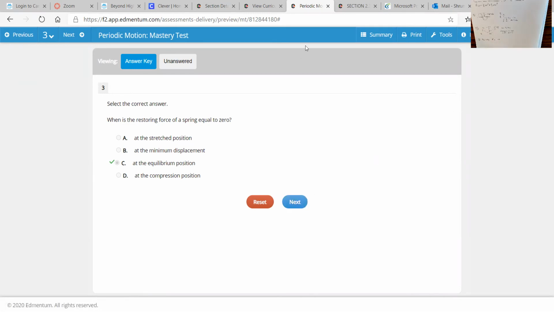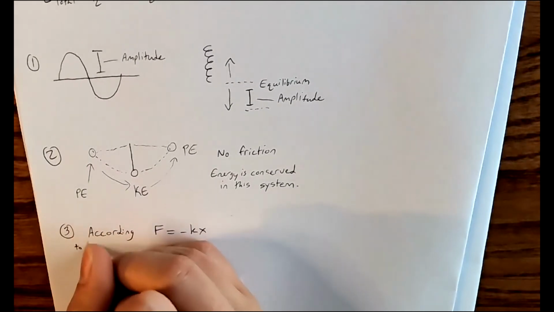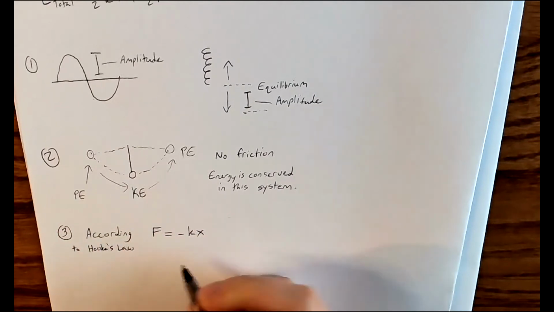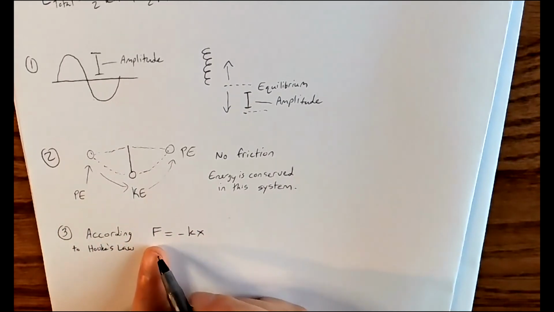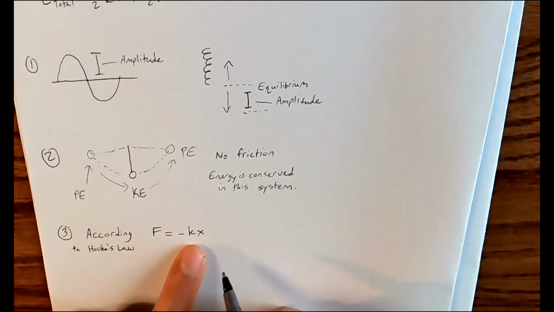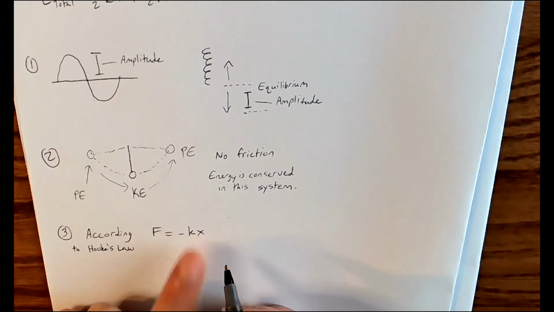According to Hooke's law, the restoring force of a spring is equal to negative the spring constant times the displacement from equilibrium.